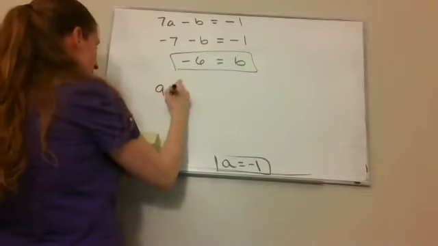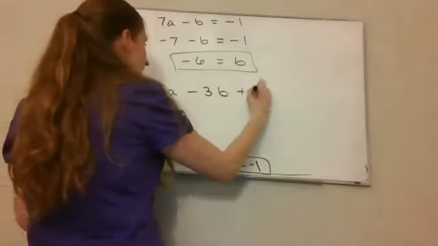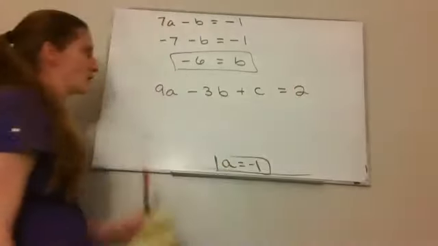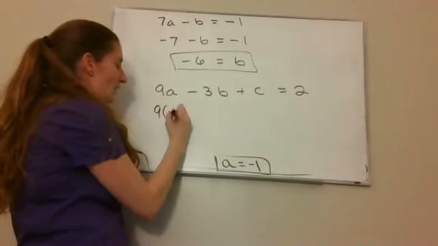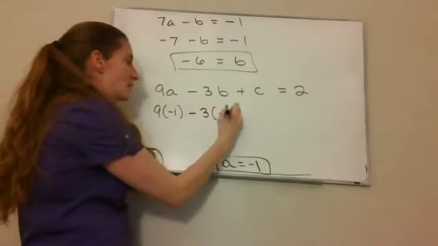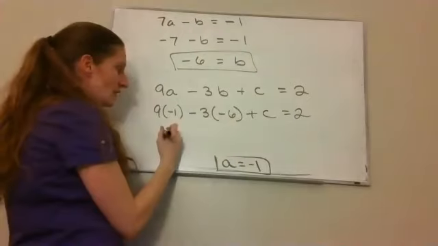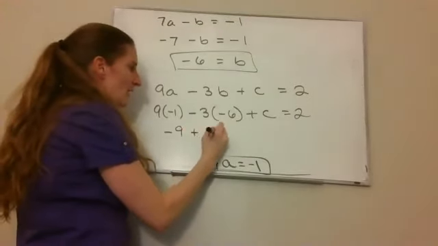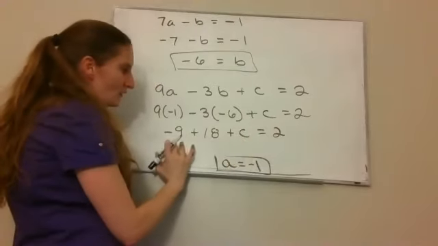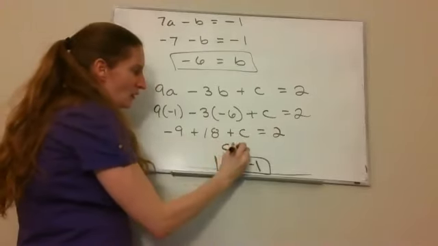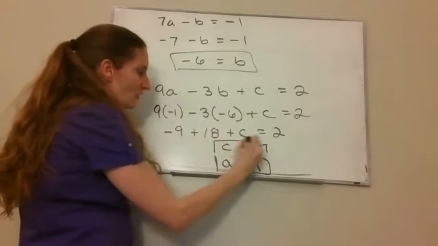I'll use the first one because the numbers were the smallest. 9a minus 3b plus c equals 2. And just plug our stuff in to figure out what c is. 9 times -1 minus 3 times -6 plus c equals 2. That's -9 plus 18 plus c equals 2. So this is 9 plus c equals 2, which means c equals -7.